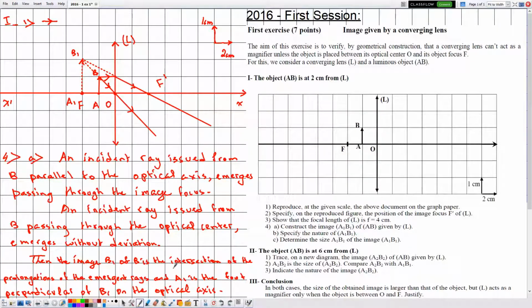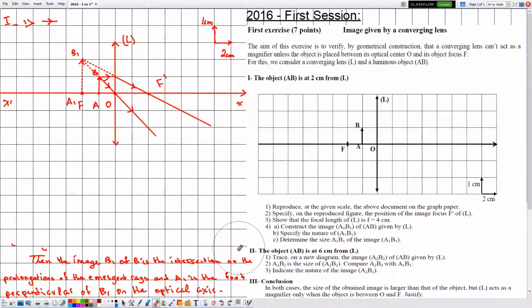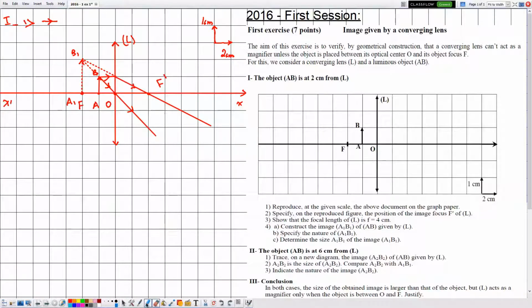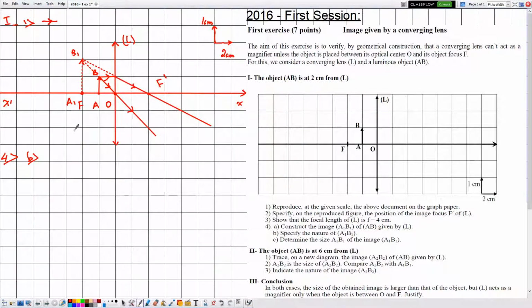Now let's move to part B. In part B they are telling me to specify the nature of A1, B1. Notice that here the object AB and the image A1, B1 are on the same side of the lens, which is in front of the lens. And whenever the object and the image are on the same side, this means that the image is virtual.